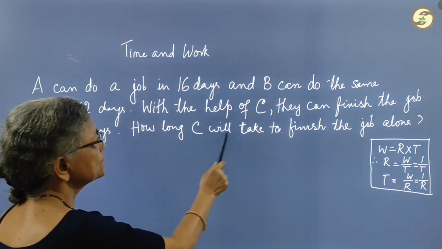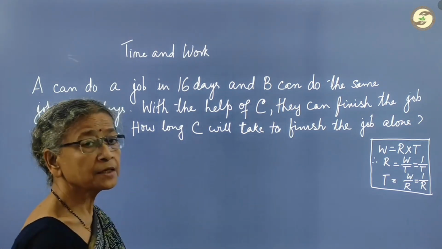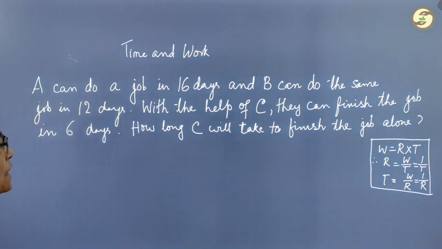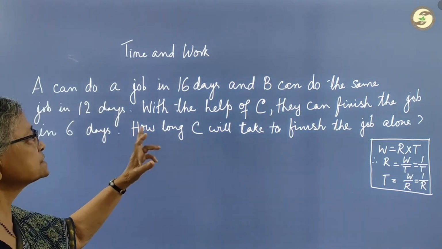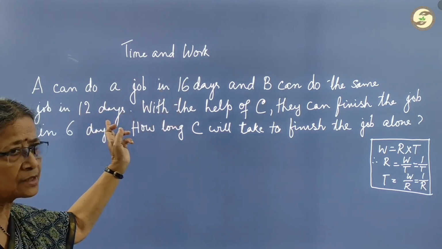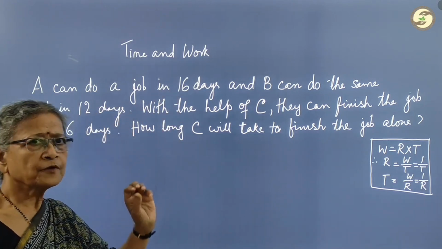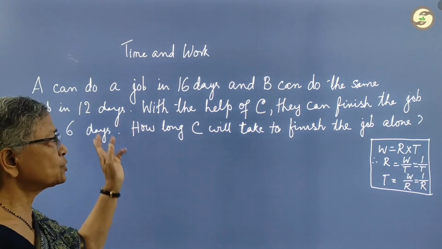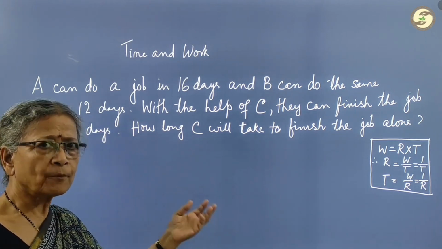So how long will C take to finish the job if he does it alone? That is the question. And as we have just discussed, we can't enter this sum through time directly. We have to first work out the rate of work or efficiency of each individual worker and then the combined rate of work.